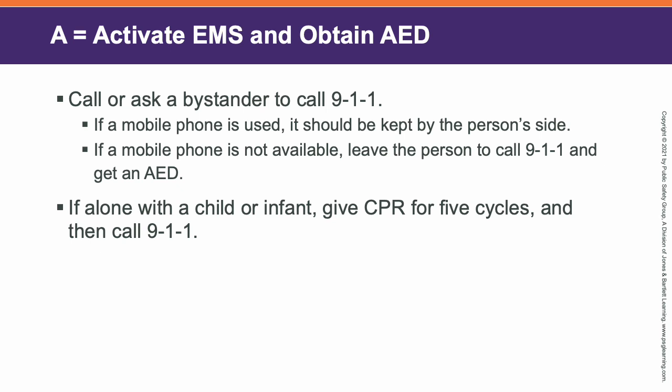So if we are able to do CPR and get the object that is lodged in their throat out, that is what is most likely to save them. So we want to get on that right away. The AED and EMS are needed, but the CPR is what's most likely going to dislodge that object. Okay, does that make sense? If you have questions, feel free to reach out.